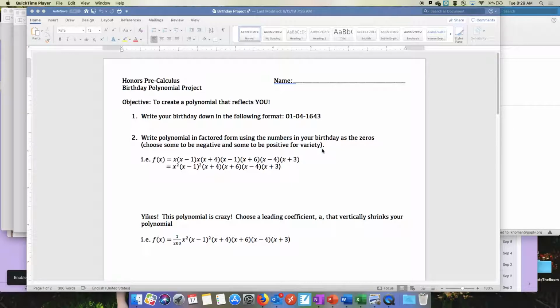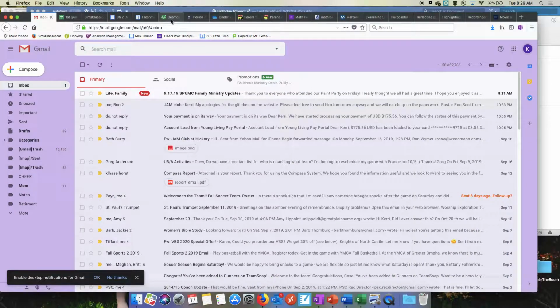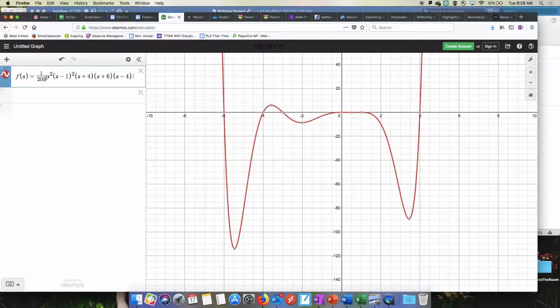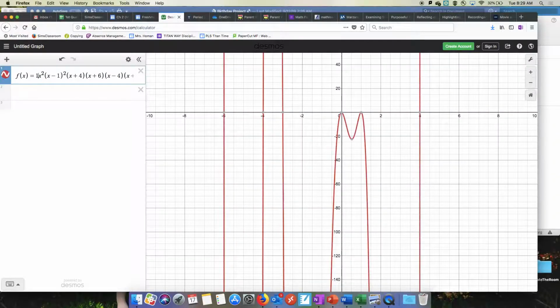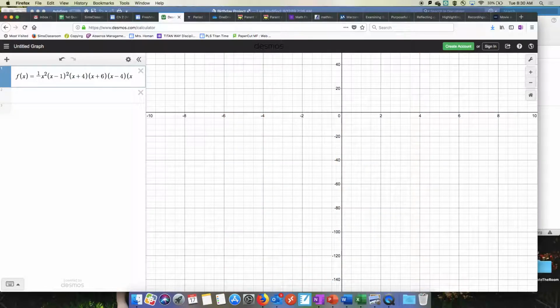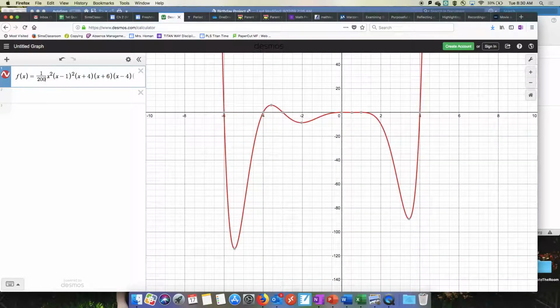Okay? Now, here is my polynomial. Now, without my leading coefficient, this is what my polynomial looks like. It's crazy ridiculous. So I chose a leading coefficient that would create my minimums and maximums not to be so crazy.